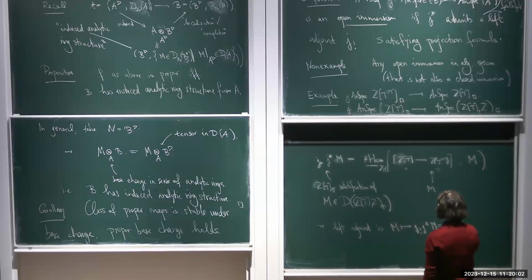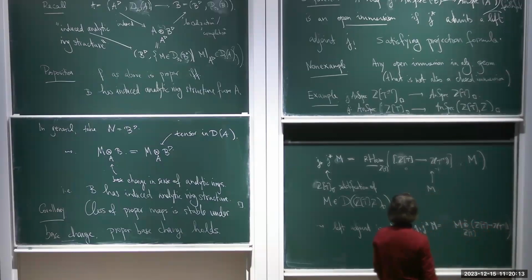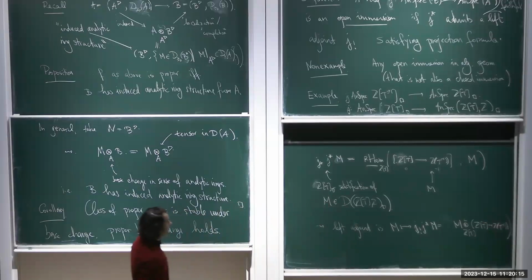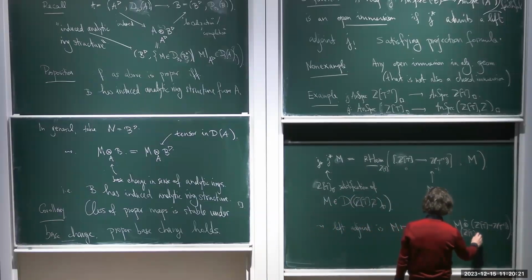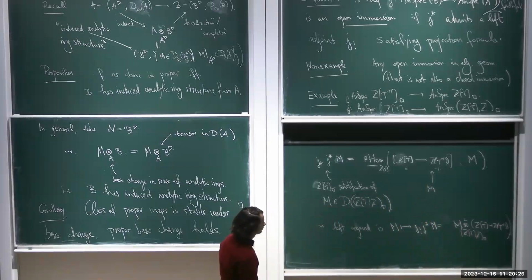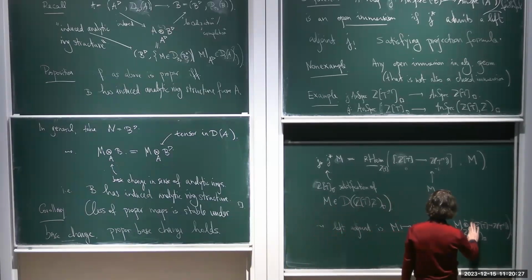So it is M tensor, and in this ring structure. And here, these brackets mean some other complex.